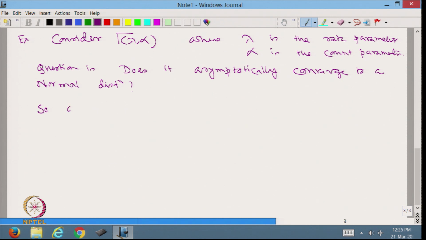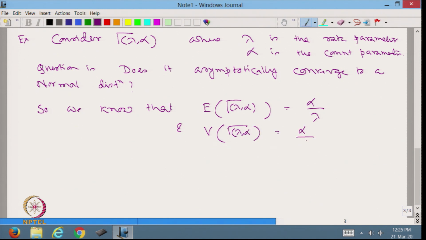So, we know that the expected value of a gamma lambda alpha variate is equal to alpha over lambda, and the variance of a gamma lambda alpha variate is equal to alpha over lambda square, and the moment generating function is equal to 1 minus t by lambda whole to the power minus alpha.